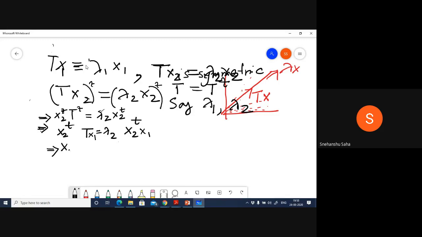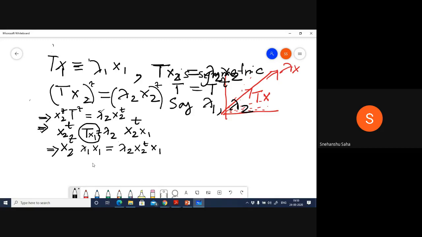So we have x2 transpose, and what is this T x1, guys? You see it right here. This T x1 is nothing but lambda 1 x1, right? On the right hand side, you have lambda 2 x2 transpose x1. Okay, so far so good.